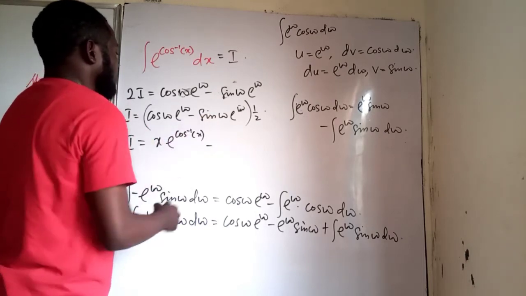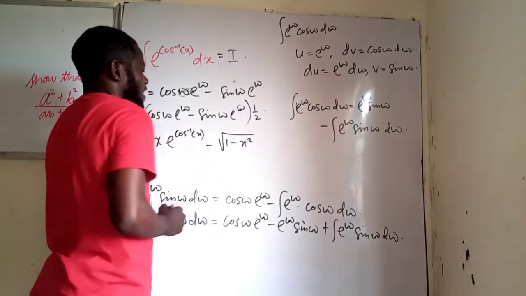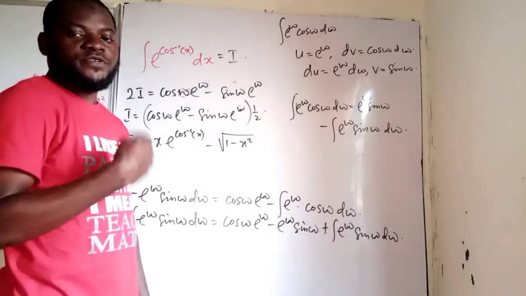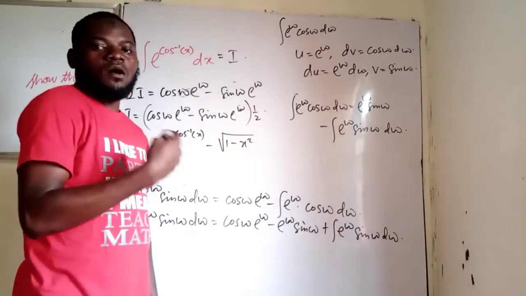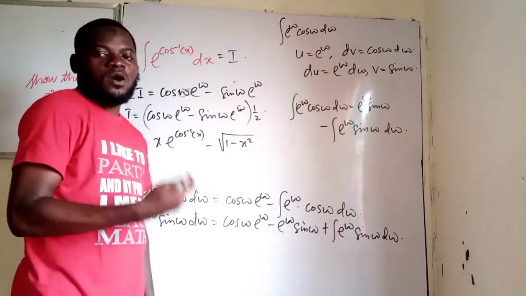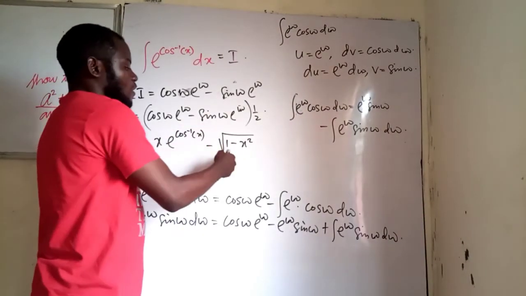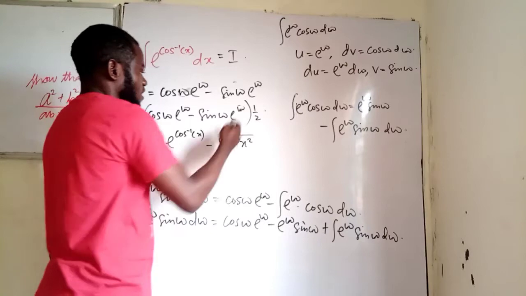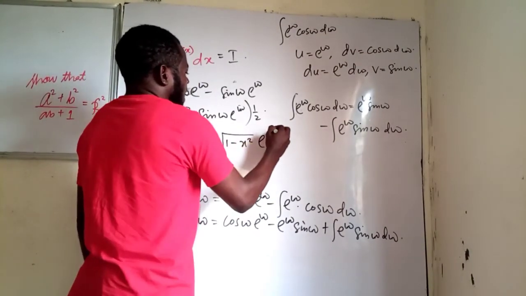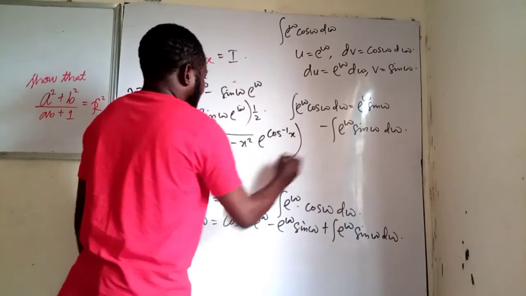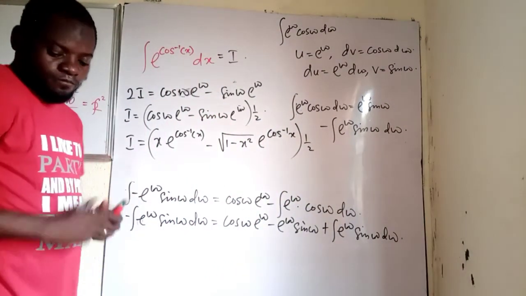Then minus sine of w, which is the same thing as saying the square root of 1 minus x squared, since sine of w is equal to the square root of 1 minus cosine square of w, and cosine square is going to become x squared, hence sine of w becomes the square root of 1 minus x squared, then multiplied by e to power of arccos of x, all multiplied by 1 over 2.